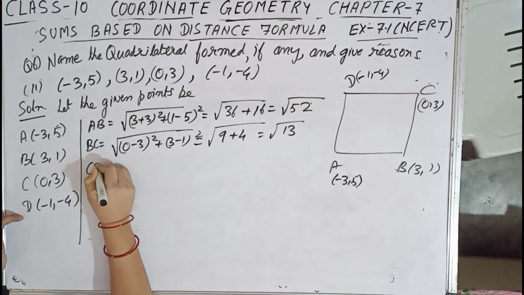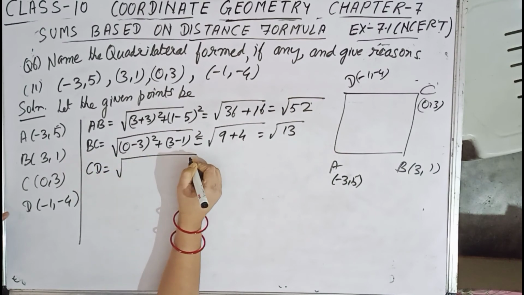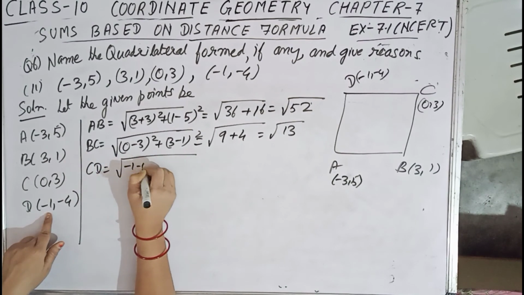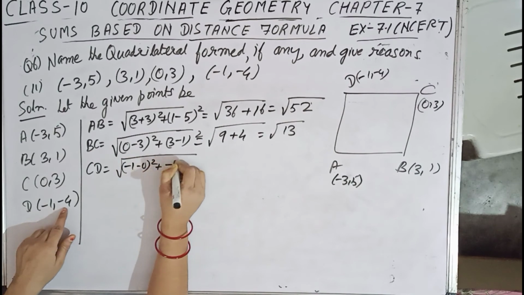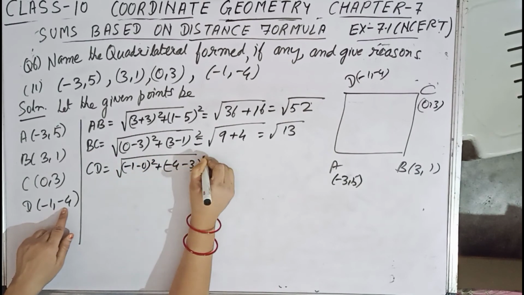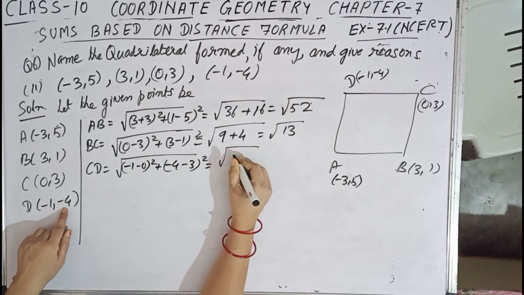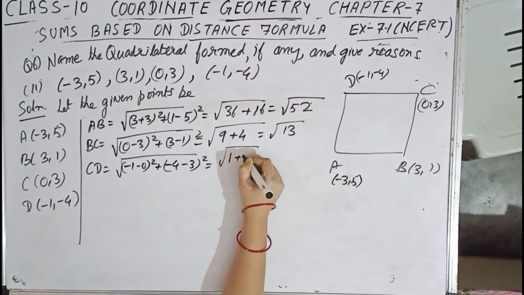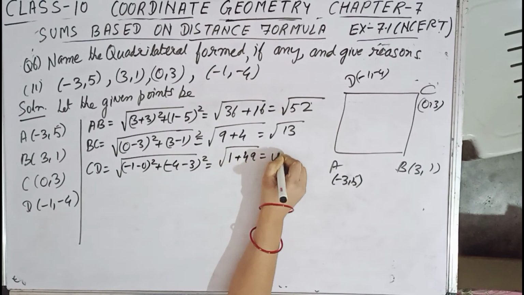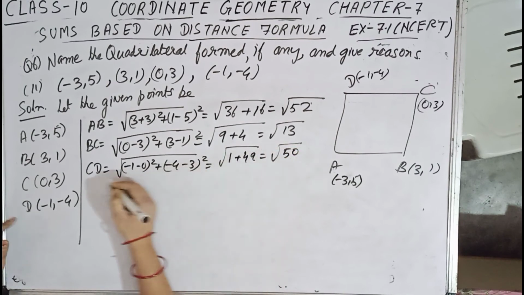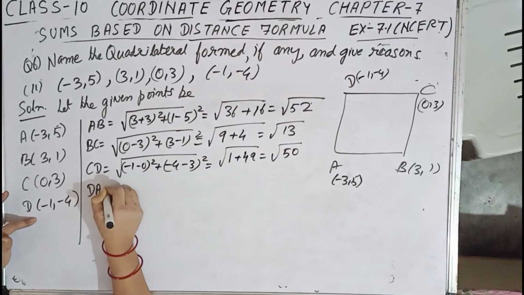AB, BC, then CD. CD is equal to the square root of (minus 1 minus 0) square plus (minus 4 minus 3) square. This will be minus 1 square is 1 and 7 square is 49. So this will be the square root of 50. AB, BC, CD, then DA.